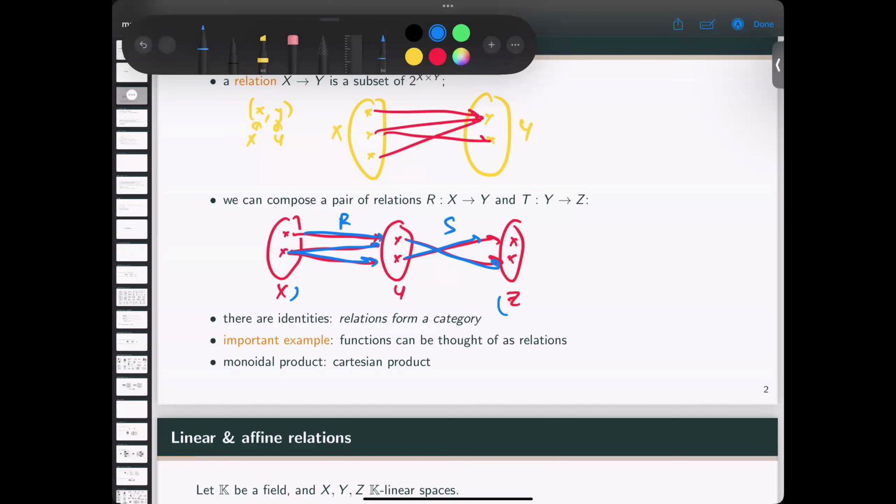In this case, I think just because of how I've drawn it, every pair in X and Z would be in the new composed relation.